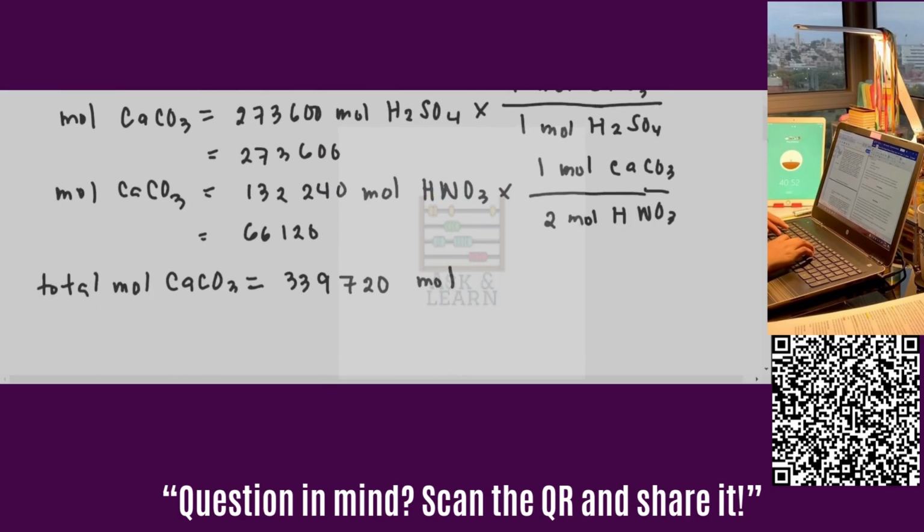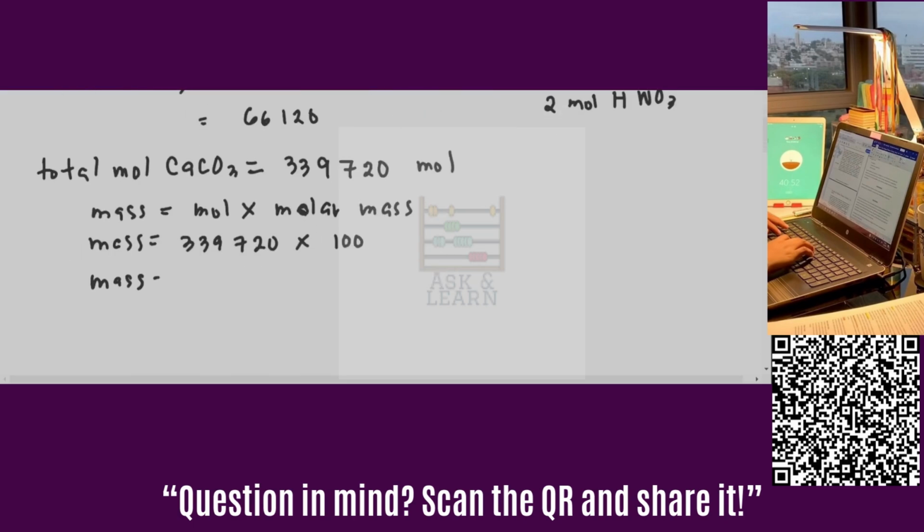And then we will convert this to mass by multiplying these moles by the molar mass of calcium carbonate. And what we will get is 339,720 times the molar mass of calcium carbonate, which is 100.